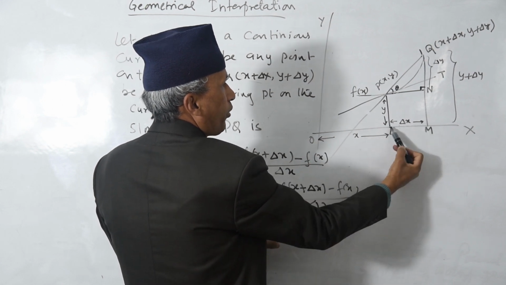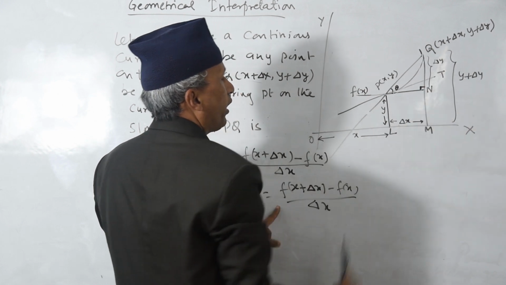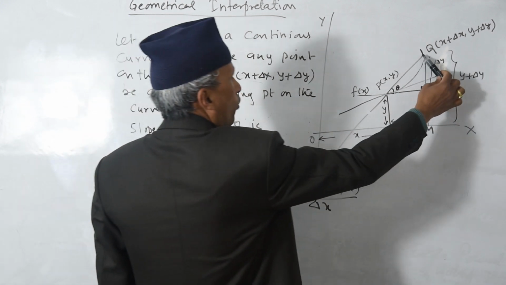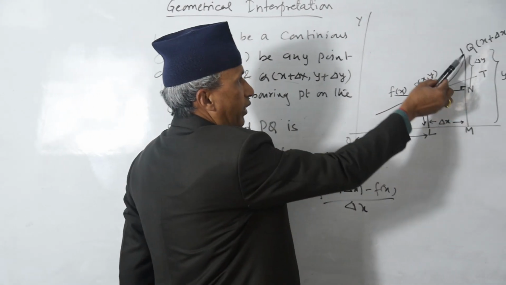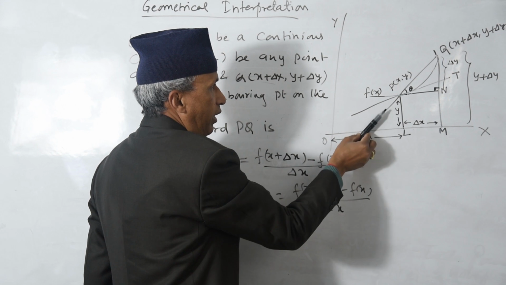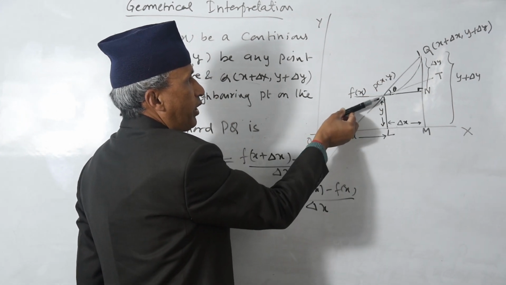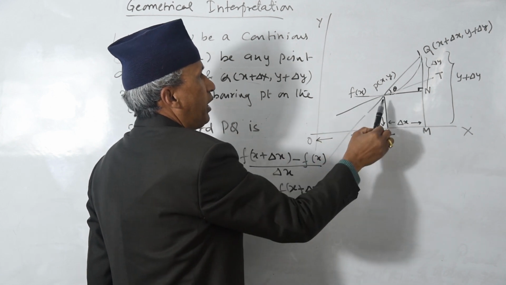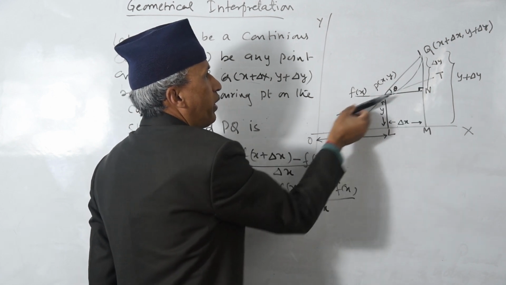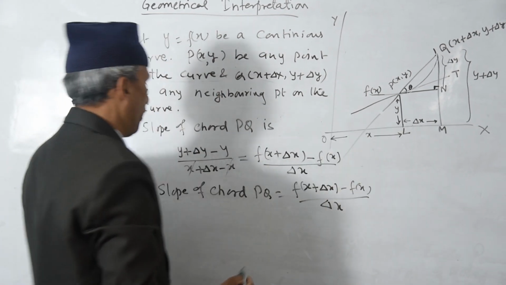If M comes to L, that means point Q tends to P. That means whenever Q moves to P, this line, that was a chord, converts into this tangent PT. Okay? This PQ converts into PT, that is tangent to the curve.